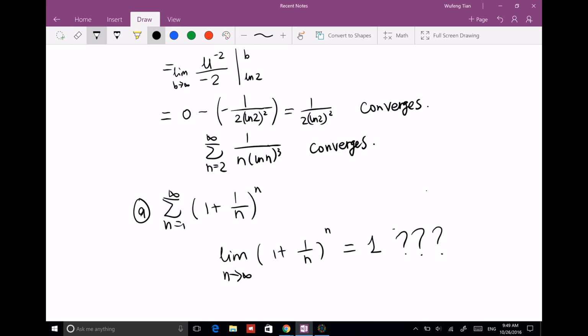So, can anyone tell me if you don't think this is 1? 1 plus 1 over n to power n, n goes to infinity. Is there any other different answers? I think the limit would go to infinity. Okay, there's another answer, infinity. Any other different answer?